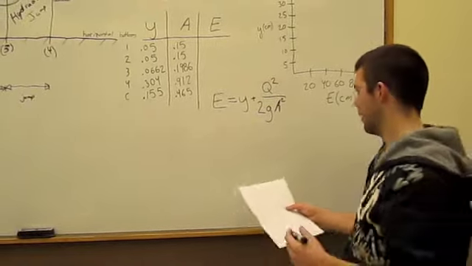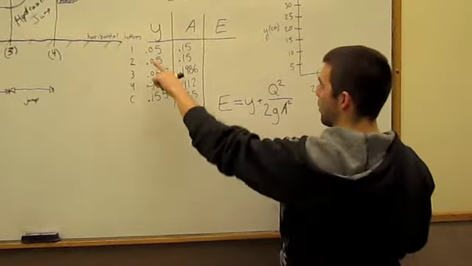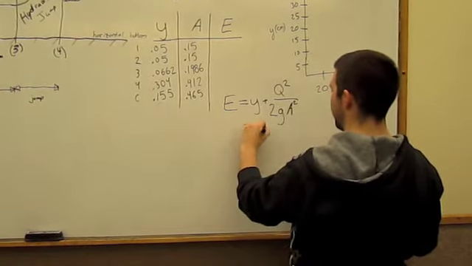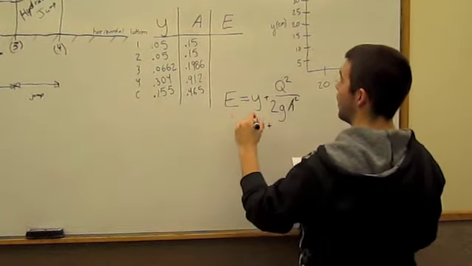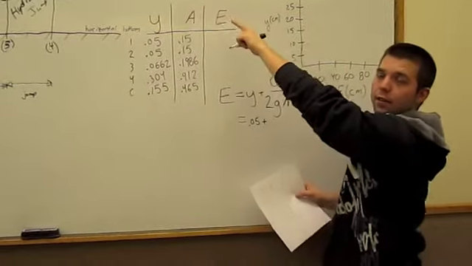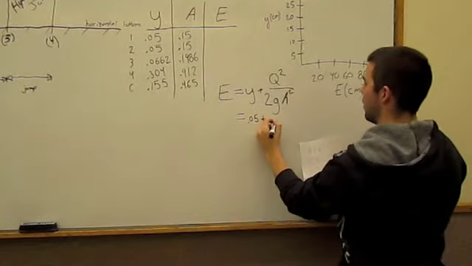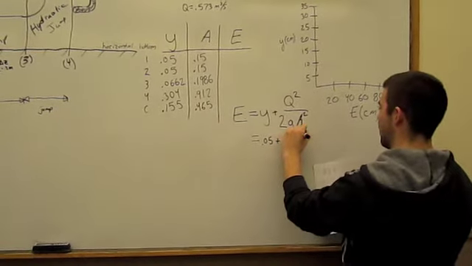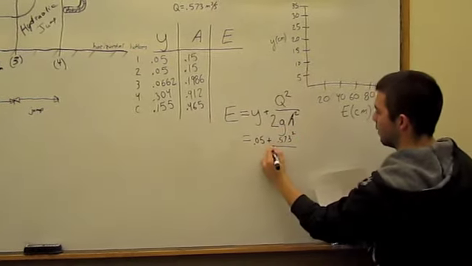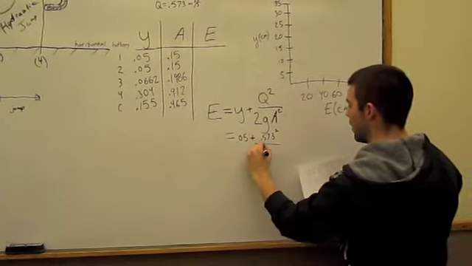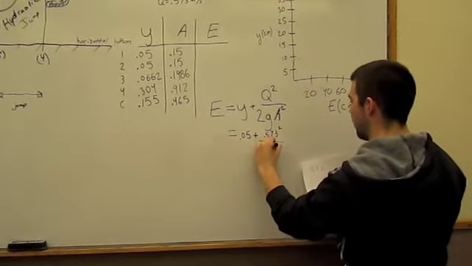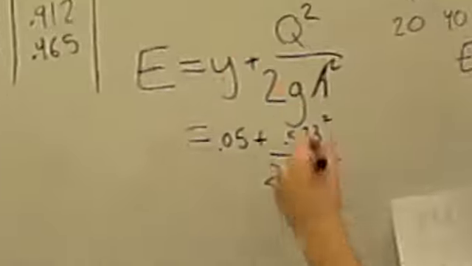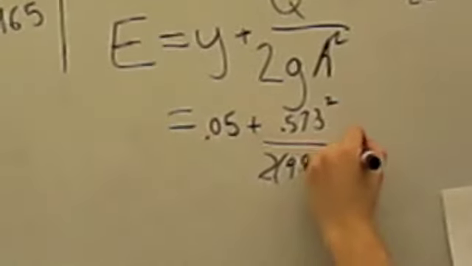For number 1, we're going to take the y of 0.5, add that to the q, which remains constant for the entire problem, divide that by 2 times gravity, 9.81, times the area for that cross section, which is 0.15.